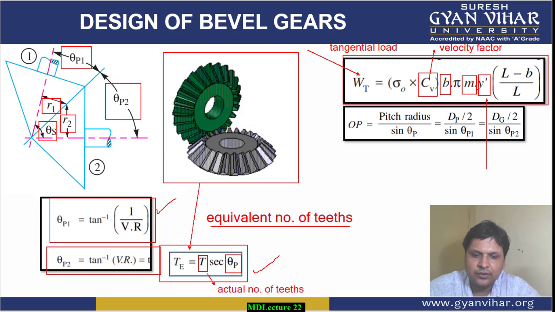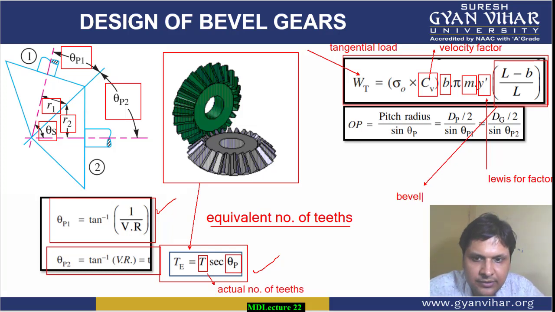Since it is modified, it is also sometimes known as the modified Lewis form factor. And this L minus B by L is known as the bevel factor. All right, so these are the terms. This is the tangential load, this is actually a Lewis equation.